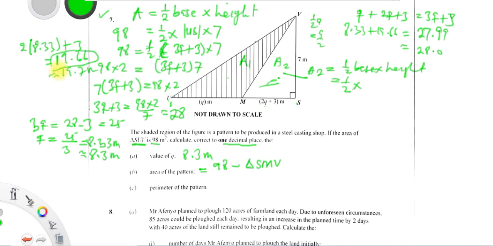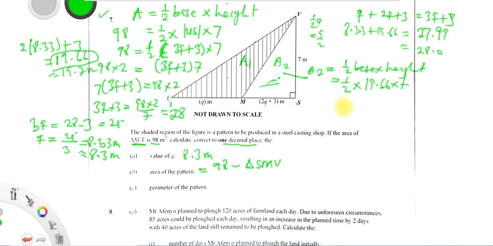This side, don't forget, we got 19.66. So 19.66 times the height. The height is still 7. The height is common to all of them. Yes, that's what we have.